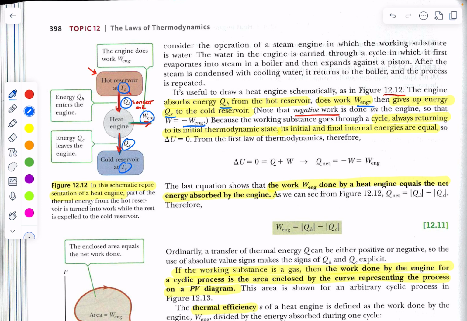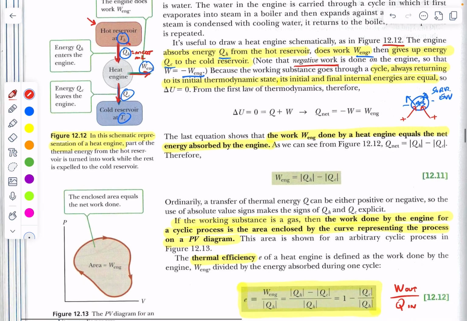And we want to remember our convention, that if this is my system, and out here are the surroundings, sometimes called the environment in this book. When we have heat exiting or work exiting, those values are negative. And when we have work being done on the system or heat entering the system, those values are given a positive value. So whether we're talking about heat or about work being done on the system or by the system, we have to pay attention to the correct mathematical sign, either negative or positive.